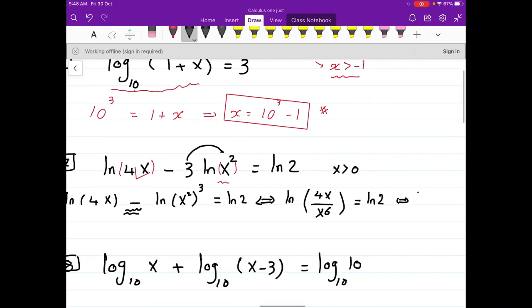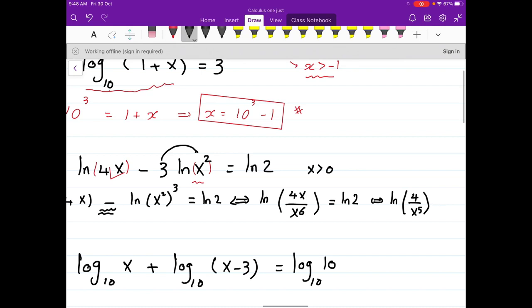This is equivalent to ln of 4x divided by x to the power 6, 4 over x to the power 5, equals ln 2.